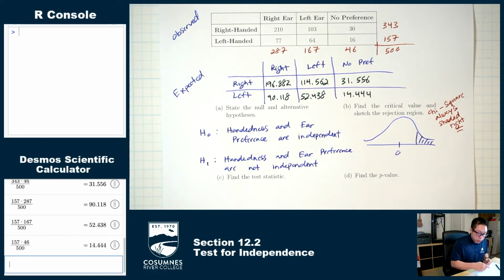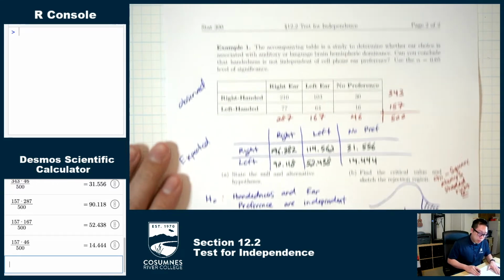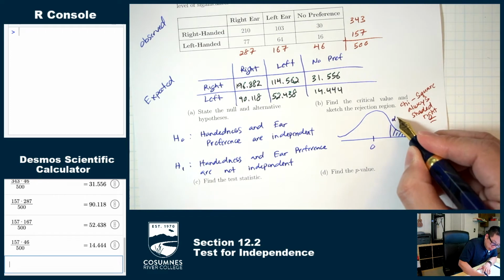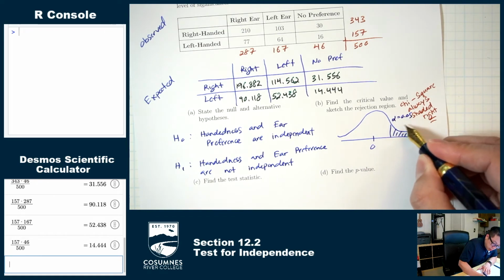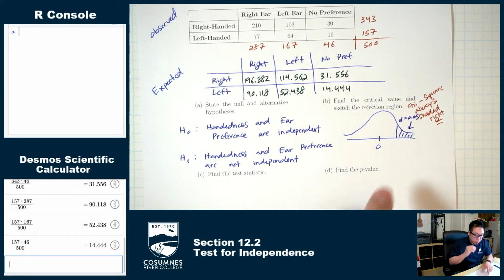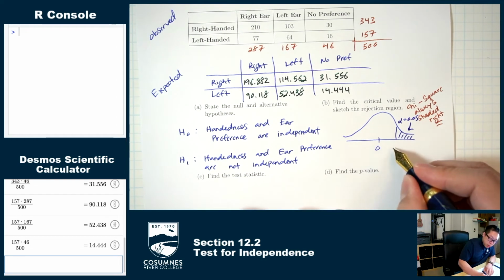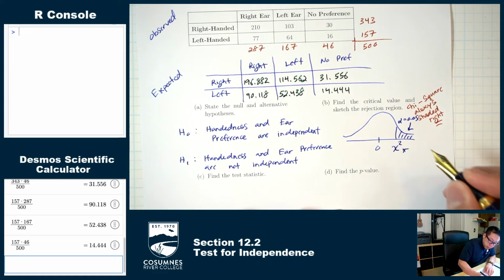And the shaded area is our alpha. Our alpha here is 0.05. And your job is to find, this is a chi-square test, so you're actually finding chi-square star.